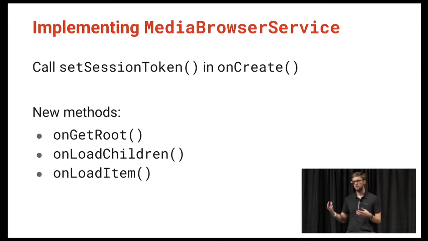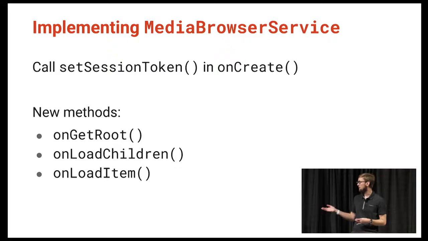And then similar to a file browser, for example, onLoadChildren gives you a list of all of the items. Some of them may be browsable items, right? Different folders and subfolders. Other ones might be playable ones. Similarly, onLoadItem just gives you details about a single item. So you can see how you may be able to build a UI out of these methods, right?